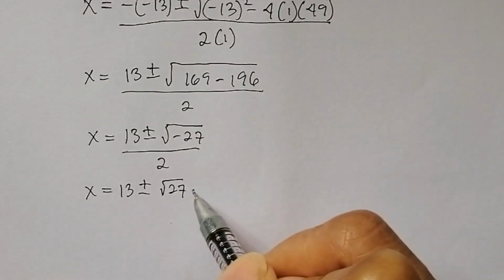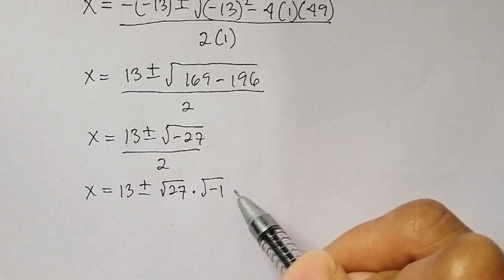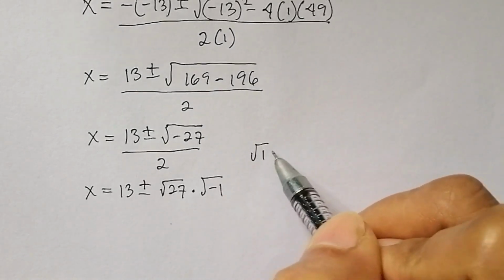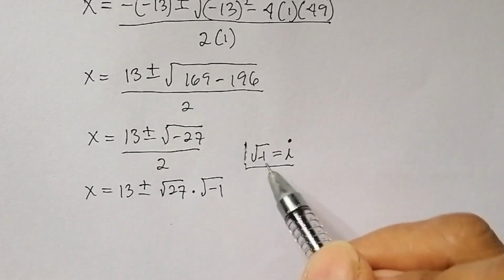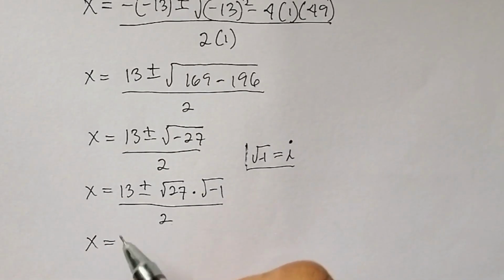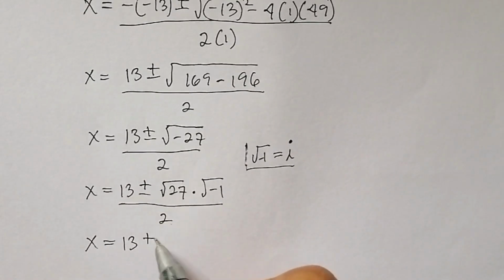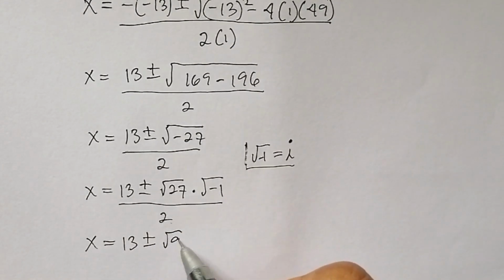So negative square root of 27 is the same as square root of 27 times square root of negative 1, wherein the square root of negative 1 is equal to i, the imaginary number. Square root of 27 is the same as square root of 9 times square root of 3.